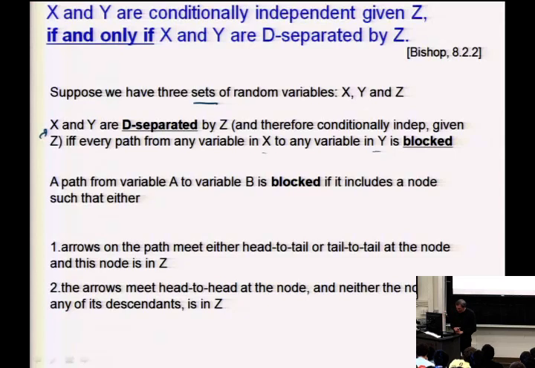Now, how do things get blocked? Well, there are two ways. A path from variable A to variable B can be blocked if it includes a node that satisfies either of these two conditions. So let's look at condition 1.